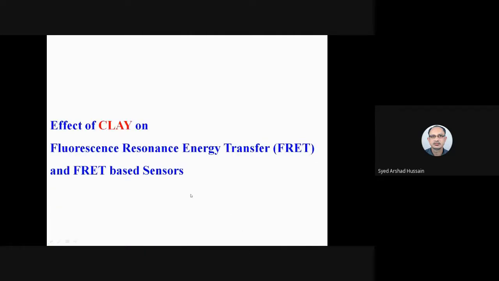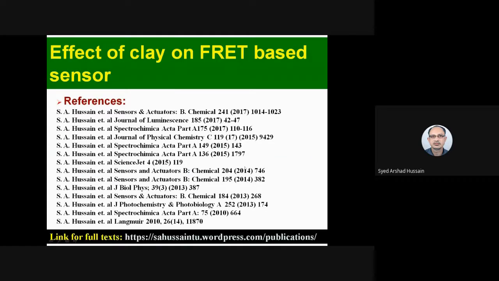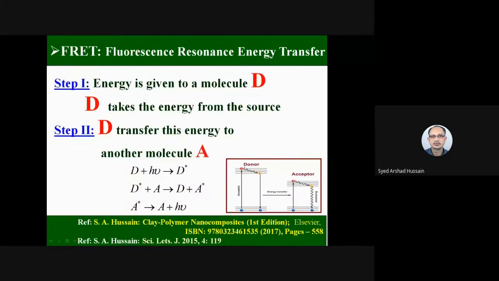Then again, as another example, we used this clay material to see how it affects fluorescence resonance energy transfer. These are the related papers. Fluorescence resonance energy transfer is an electrodynamic phenomenon, but of course it's non-radiative and it's an excited state energy transfer.